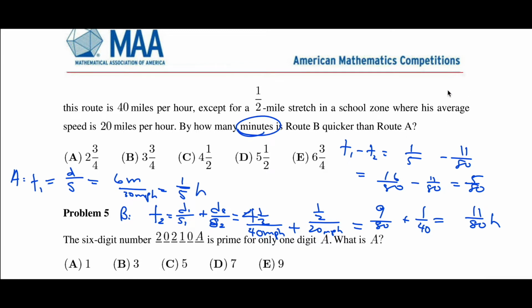So in order to know the minutes, we need to do 5/80ths times 60. And here you would just get 30 over 8. And if you turn this into a mixed fraction, you would get 3 3/4, and that's minutes. So our answer is B.